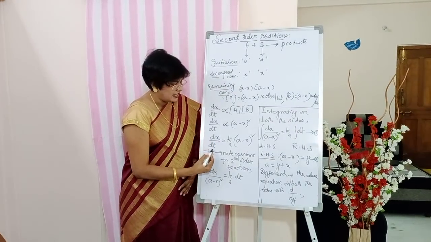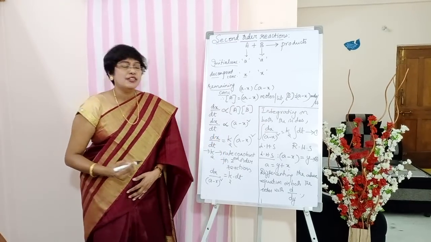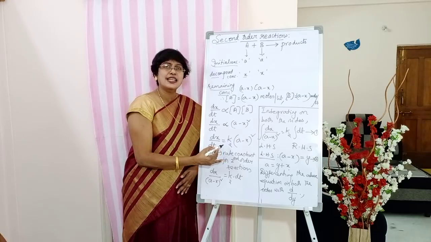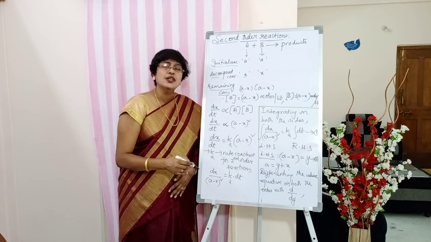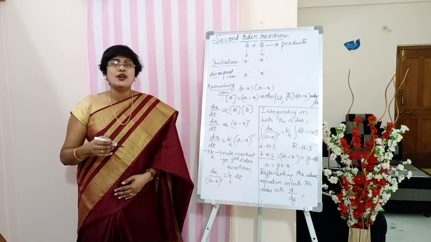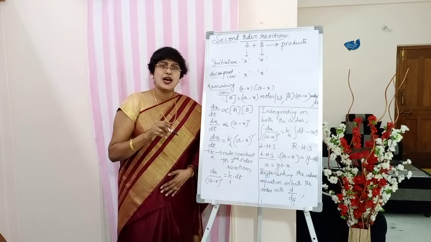Next, dx by dt is equal to, removing the proportionality, we should take a constant. Here the constant taken is K2 because it is a second order reaction. In first order, students, we have taken K1, right?